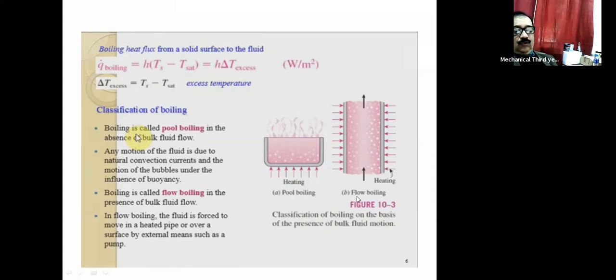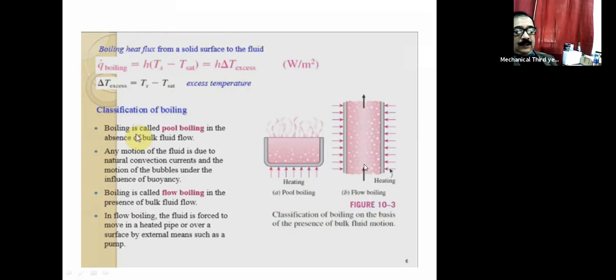The other one is flow boiling. What is flow boiling? It is boiling in the presence of bulk fluid flow. That means there is motion in the fluid; it is not stagnant as it was in pool boiling. For example, water flowing through a pipe.